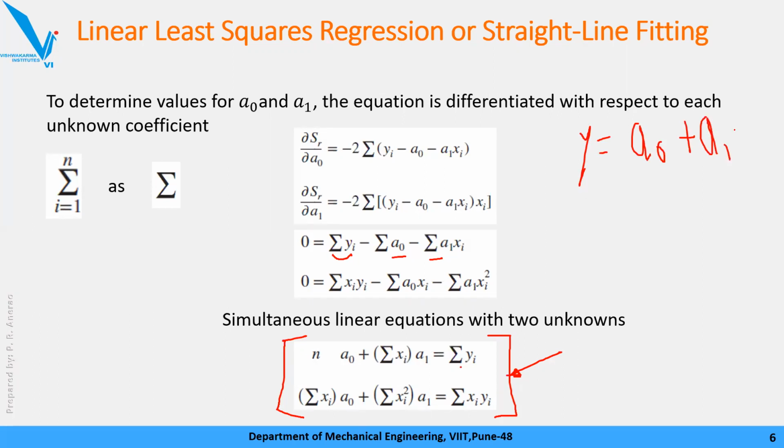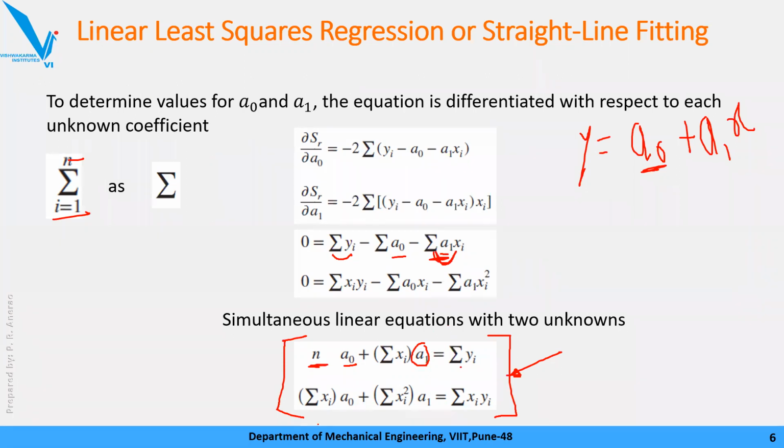So the sum of all the values of a0 over 1 to n is nothing but n into a0, the constant term, plus the sum of all the values of a1 xi. Okay, a1 is common, so I took it outside. So what we have is summation of y of i equal to n a0 plus a1 times summation of x of i.